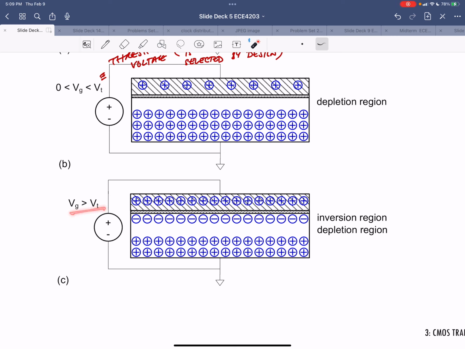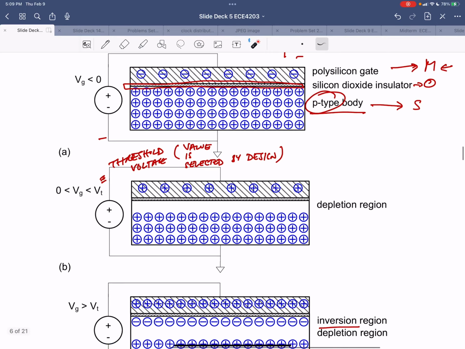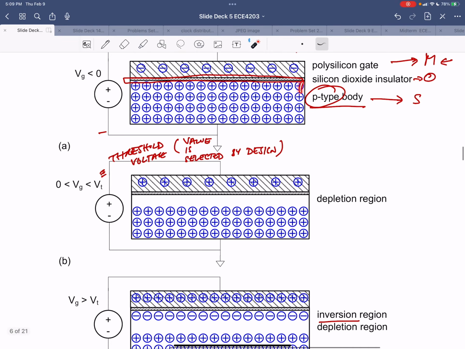That's when you get what is called an inversion, where the area under the gate goes from a positive value to an inverted, or negative, value once you put enough voltage on the gate, specifically a voltage above the threshold voltage.